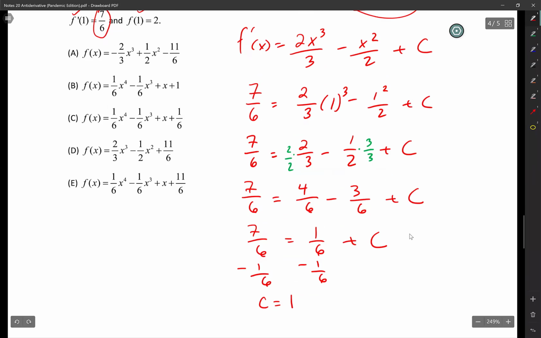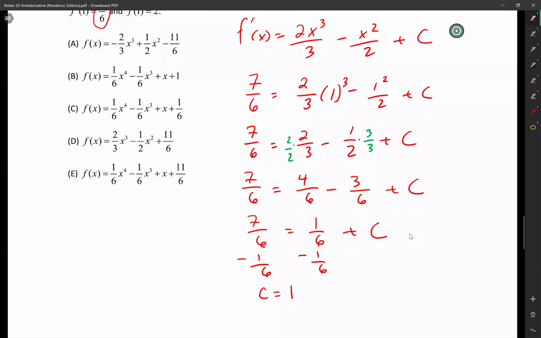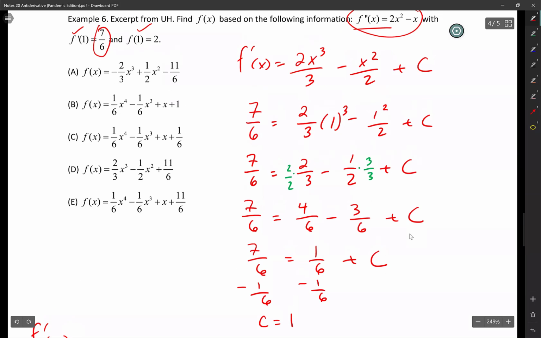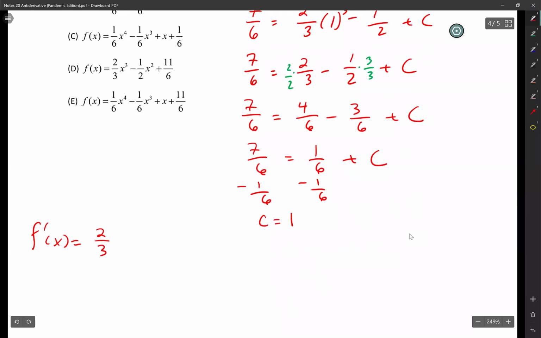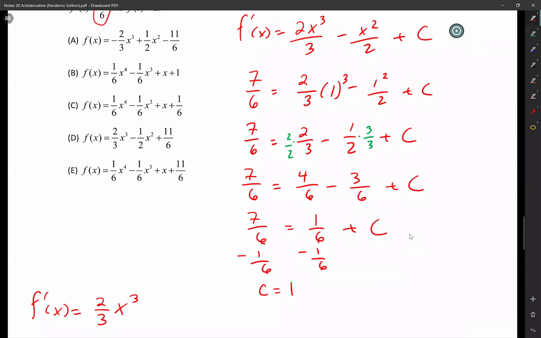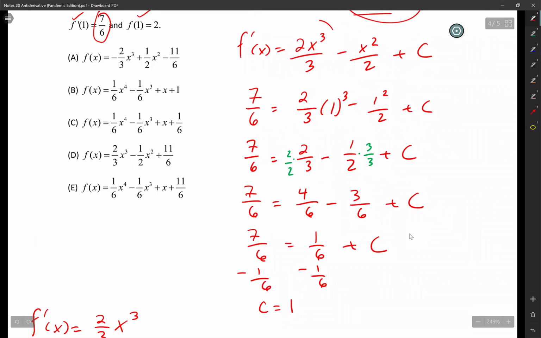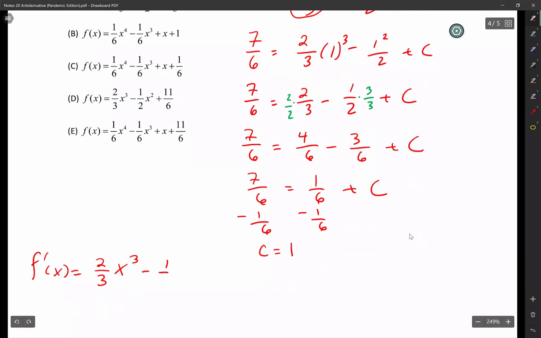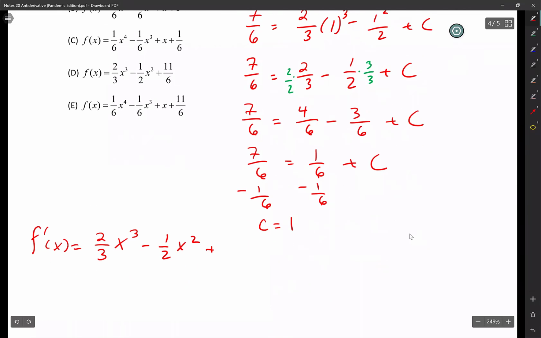Now that I know that, I'm going to plug it into my f prime. So here we go. F prime of x is equal to 2/3 x cubed. Make sure that the x cubed is on the side. Do not make it look like it's in the denominator. You can also do 2x cubed over 3 if you don't like that. Minus 1/2 x squared, just to be consistent, plus 1.